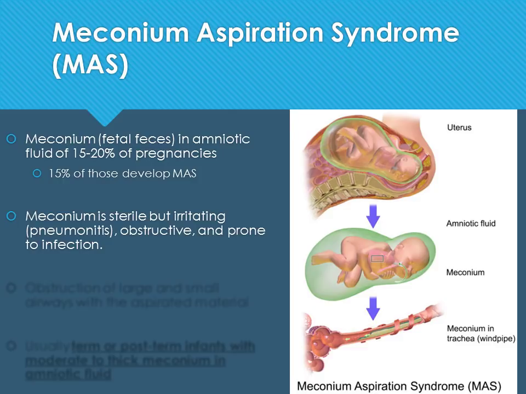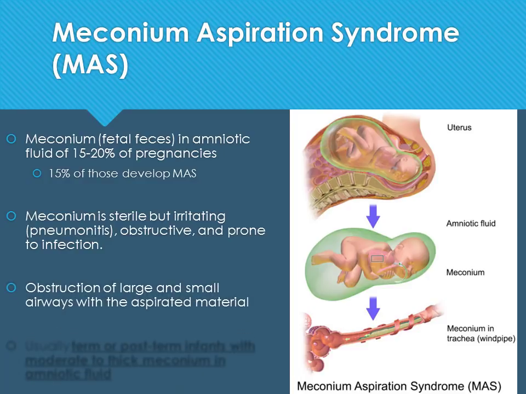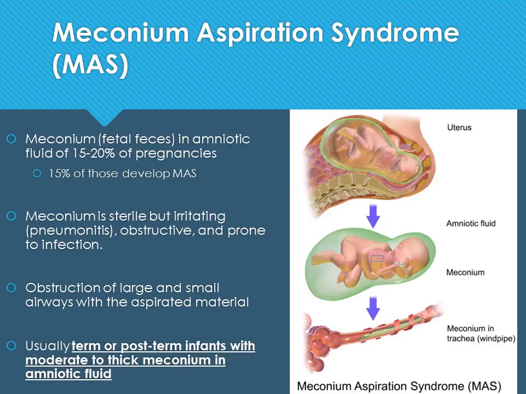It can be obstructive, so meconium is really sticky and really thick, so it could clog up the airways, and it could make the child more prone to infection. Obstruction of large and small airways by the aspirated material is what causes meconium aspiration syndrome. And these kids are usually full-term or post-term infants, and they're born with moderate to thick meconium in the amniotic fluid.